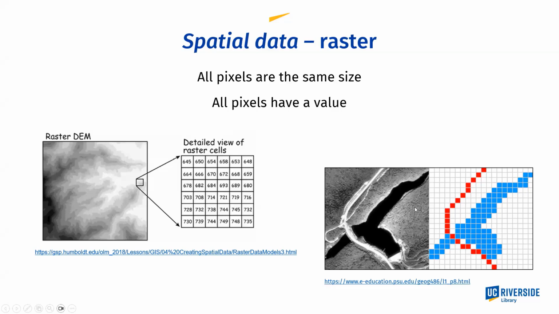So for instance, these folks have concluded that this very, very dark signature represents water, and the very light signature that's linear represents a transportation feature, which is the red, and then everything else is natural land cover, and they've just left that white. So you and I would not draw a map of this area this way, but one of the benefits of raster data is that it's a very efficient way to capture some things.